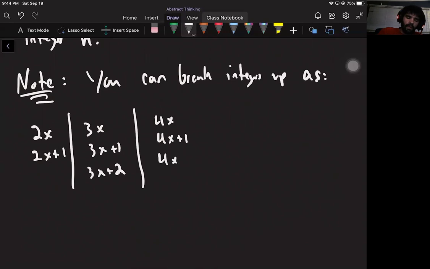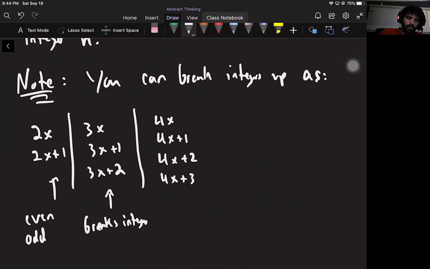And then this pattern continues. We're not going to do any examples, I don't think. Maybe on the lecture problems there'll be some. But this is basically saying, okay, maybe breaking up into even and odd doesn't work, so maybe you break it up into 3 pieces. This breaks up the integers in a different way, into thirds.